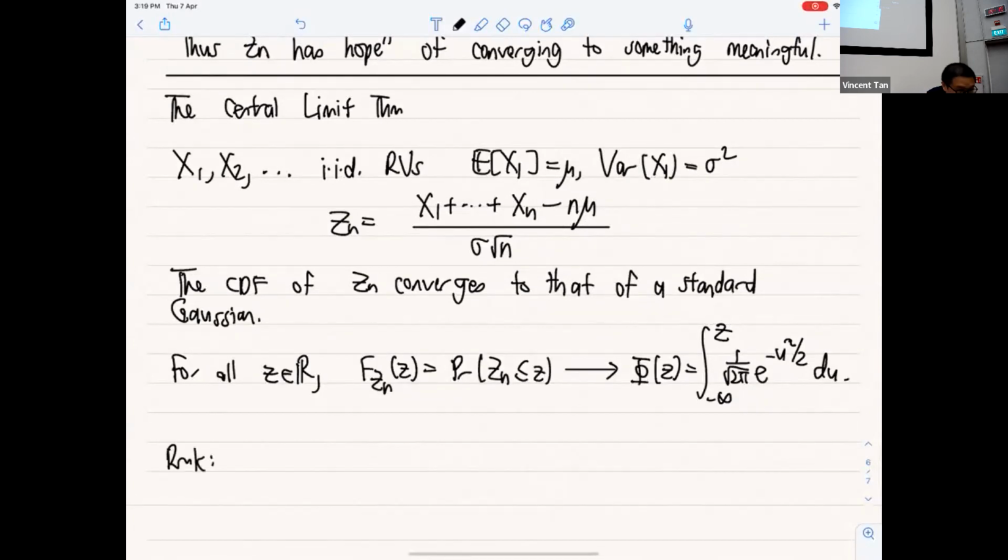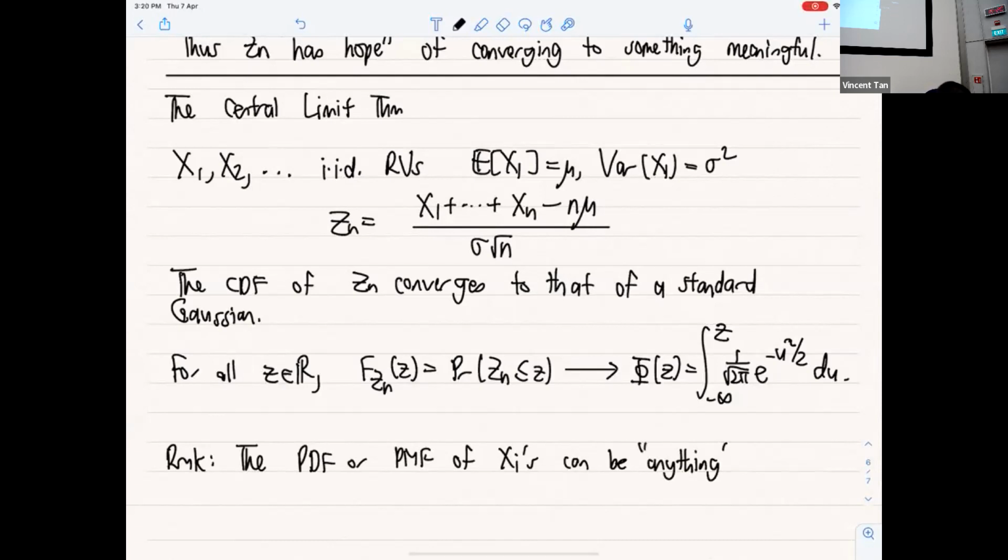This is incredibly general. Remark: the PDF or PMF of the xi's can be anything, as long as they have the mean and variance given by mu and sigma squared respectively.